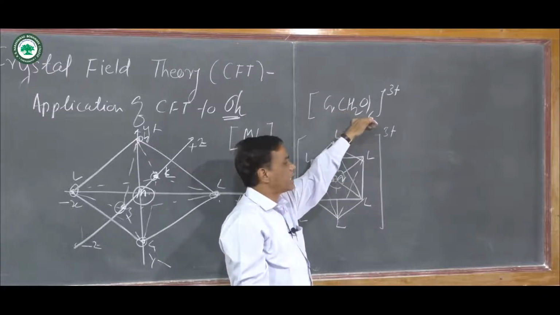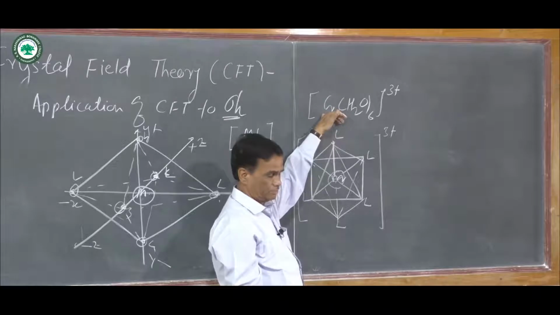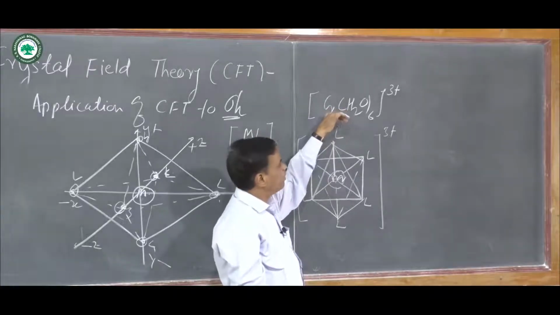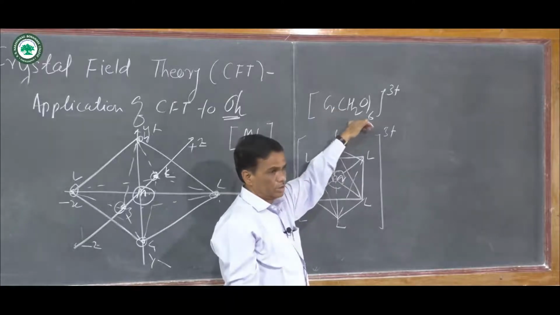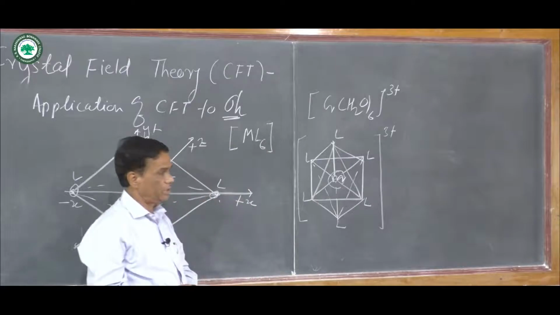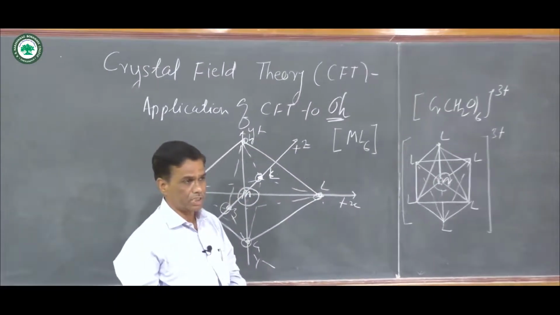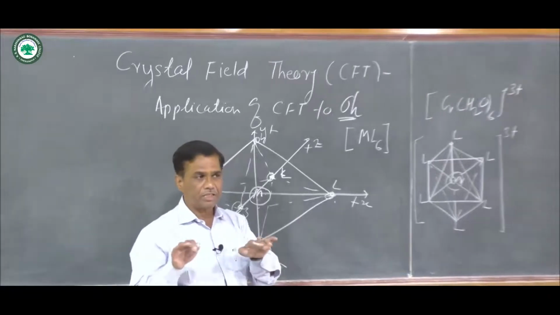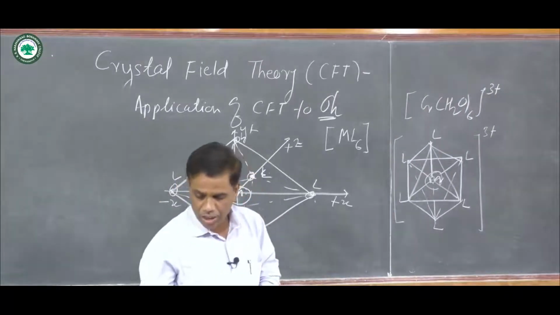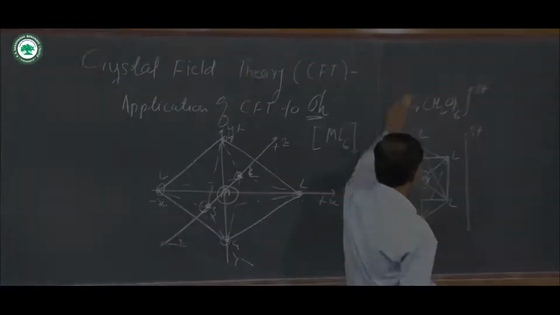When ligands approach the central metal atom or ion, in this case chromium as the central metal ion, in the free state the 5 d orbitals, they are dxy, dxz, dyz, then dx square minus y square and dz square. Their energies are the same, meaning the energy is degenerate, and crystal field splitting is represented.